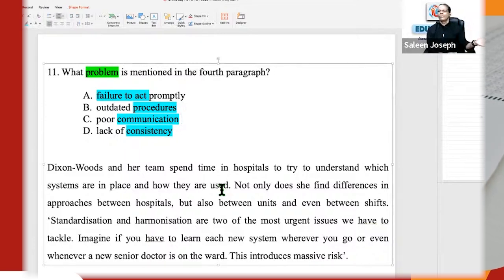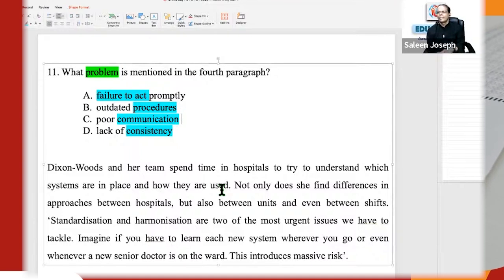In the morning shift they use one system, in the afternoon a different system. Whole confusion. Standardization and harmonization are two of the most urgent issues we have to tackle. Imagine if you have to learn each new system wherever you go, or even whenever a new senior doctor is on the ward. This introduces massive risk.